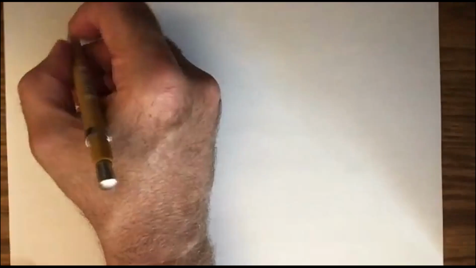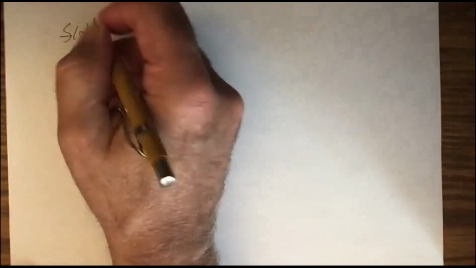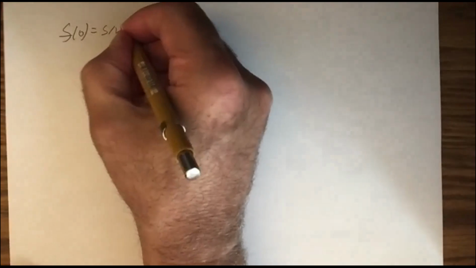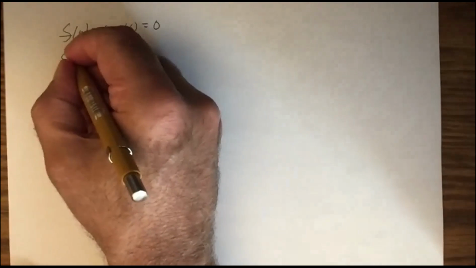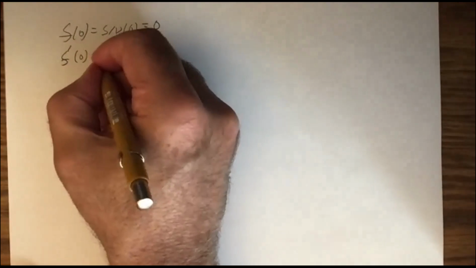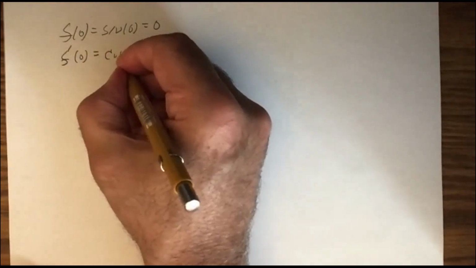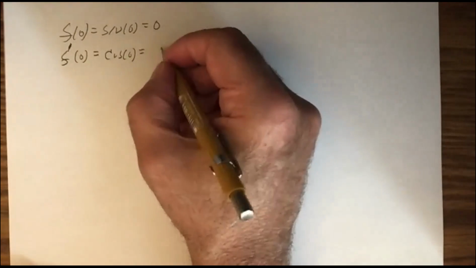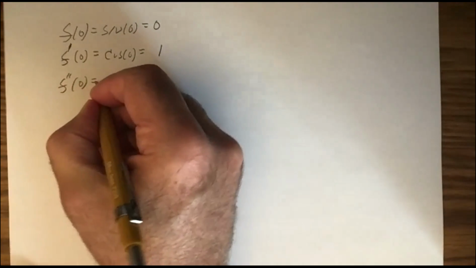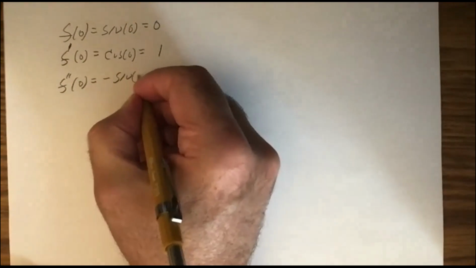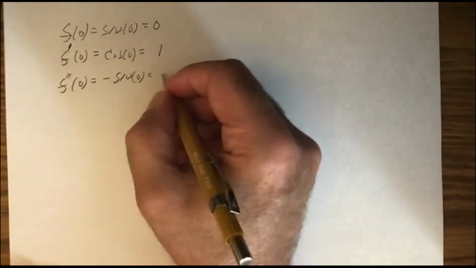Let me calculate, let's say, the sine of 0. This is just 0. Prime, this is now cosine of 0, and I take the derivative, so this is 1. And then double prime, this is minus the sine of 0, so this is 0.